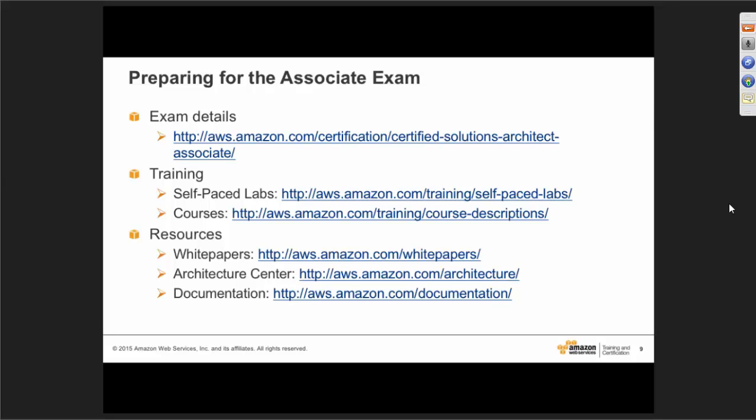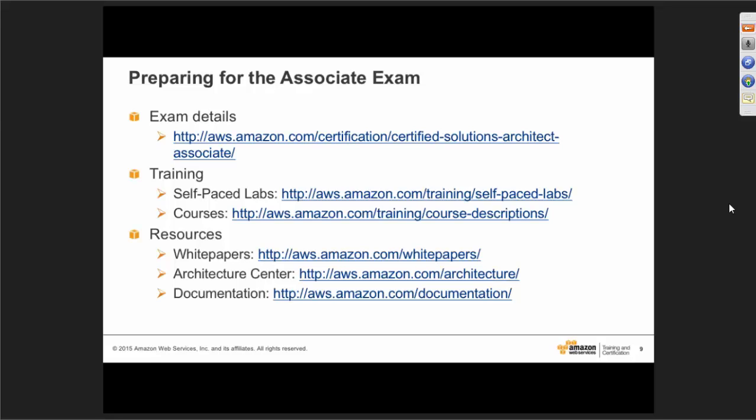Now, I will note that I don't believe those are free. There are some that are free, but not all of them are. So if you are willing to invest in that track, it's highly recommended that you have some hands-on experience with AWS. There's really no substitute for actually getting into the console and doing that.